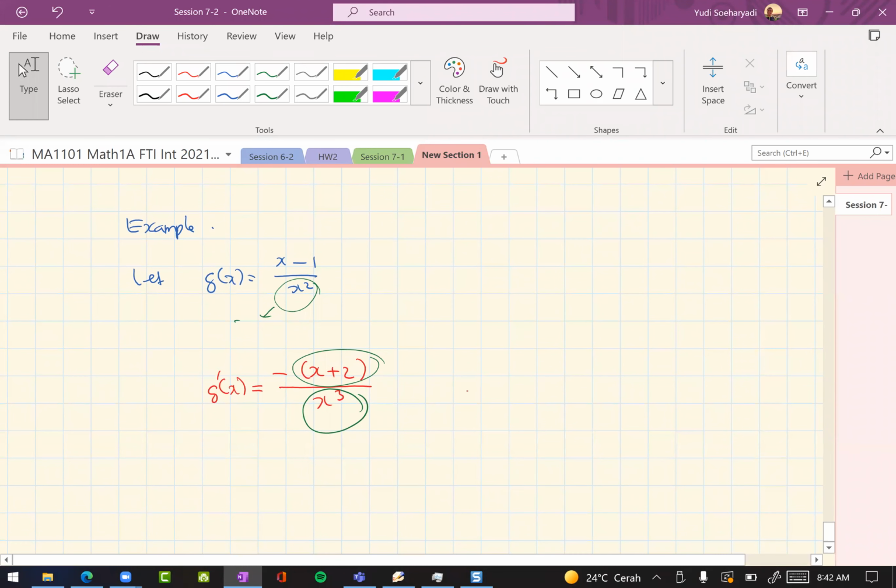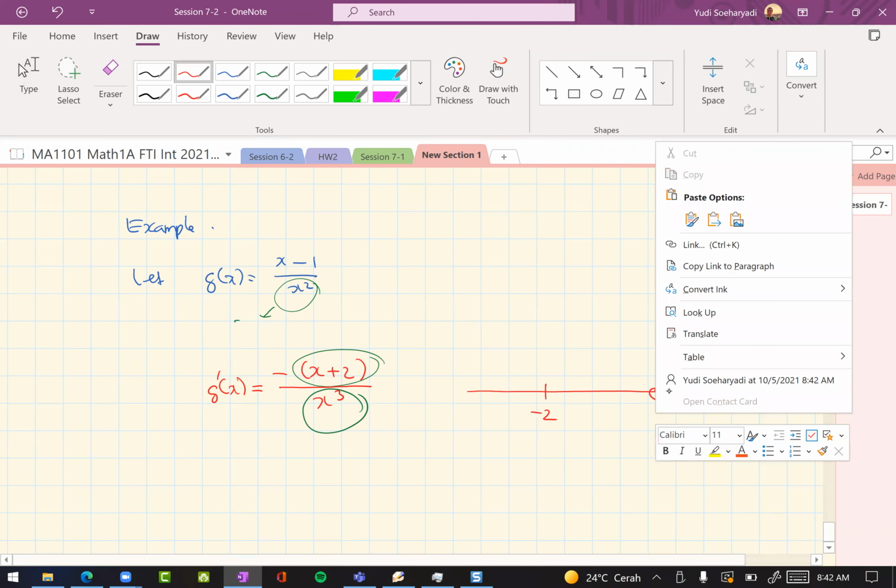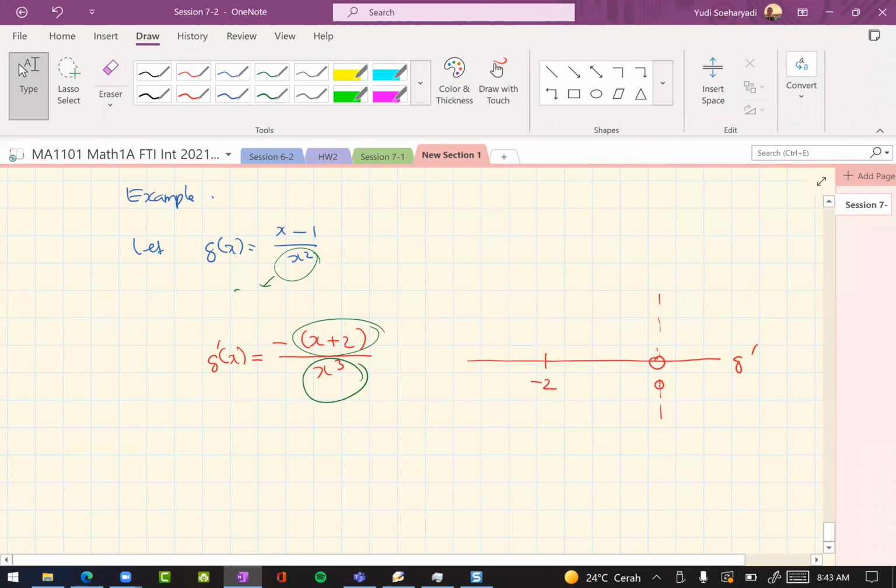Okay, so from here we get a sign chart for G prime. What it tells you about the -2 and 0 here. This is an asymptote. Okay. So we write down the concavity, right? So the sign would be, this is a negative here. Here we have a cross 0. So this changes sign, changes sign again. That's the sign chart.